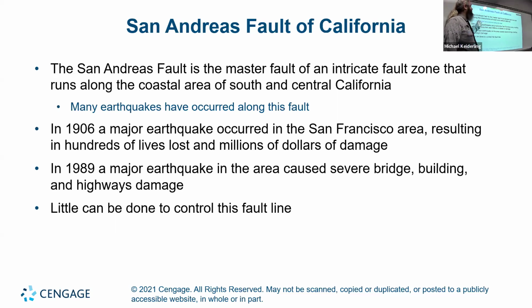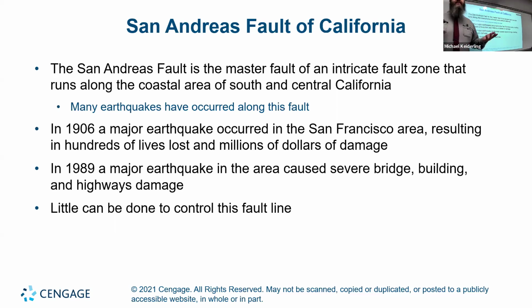And lots of earthquakes have occurred along this fault, and because there's a decent number of large cities along it, it is famous. In 1906, a major earthquake occurred in the San Francisco area, resulting in hundreds of lives lost and millions of dollars of damage.